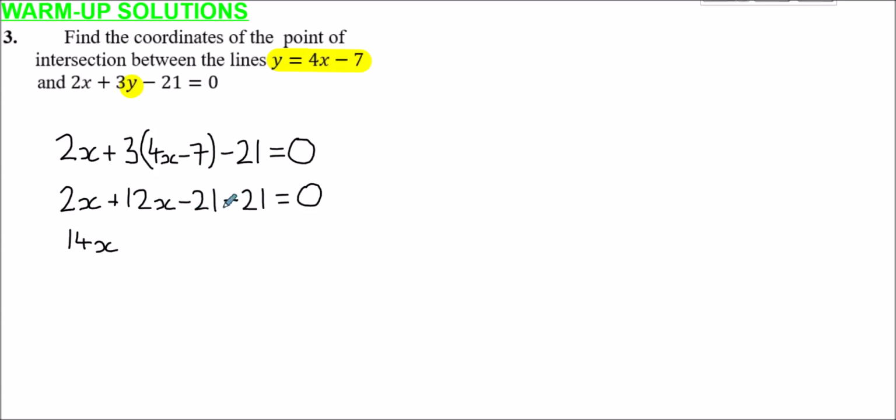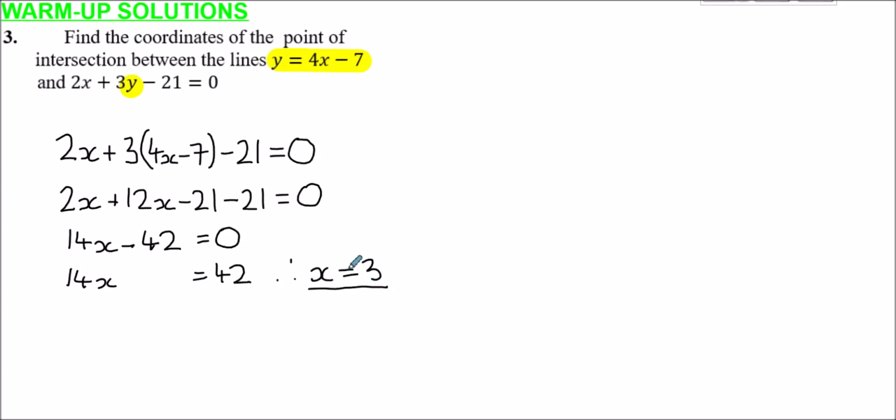And then here, minus 21 minus 21, that's minus 42. We can now add 42 to both sides. We get 14x equals 42. Finally, if we divide through by 14, we see that, therefore, x must equal 3.